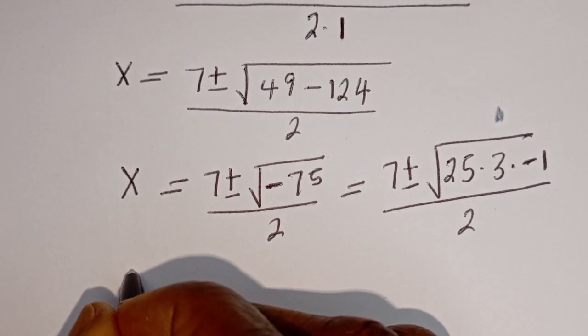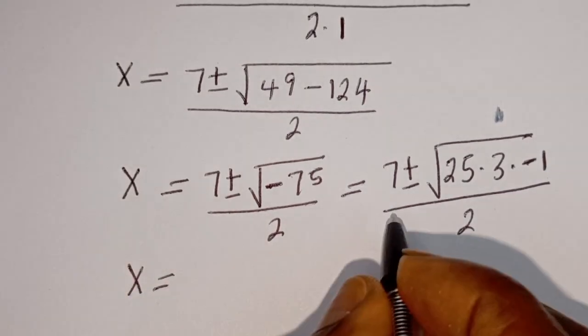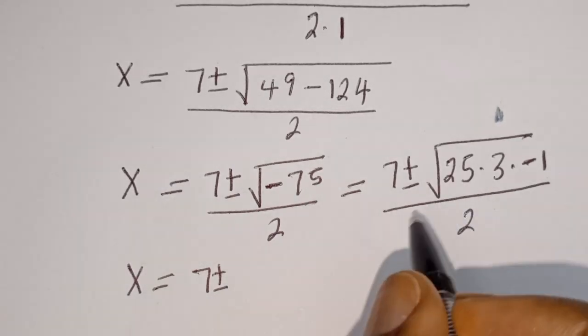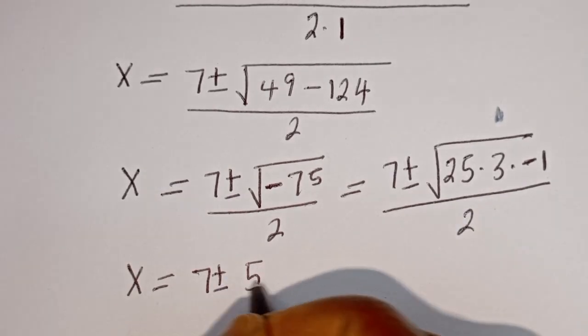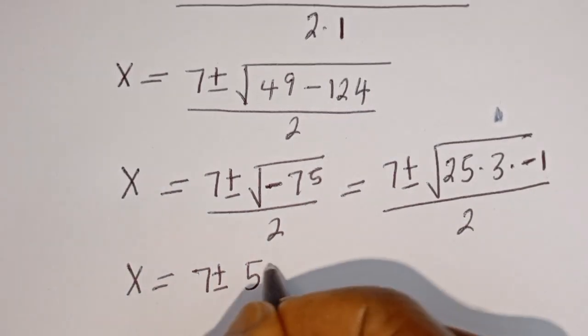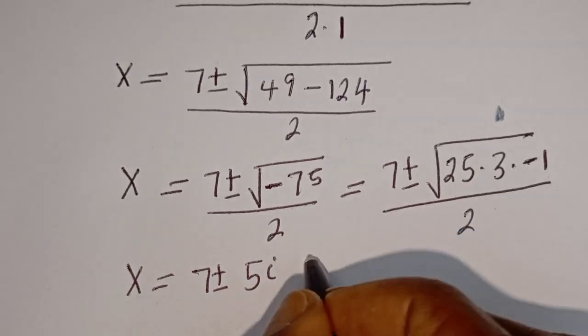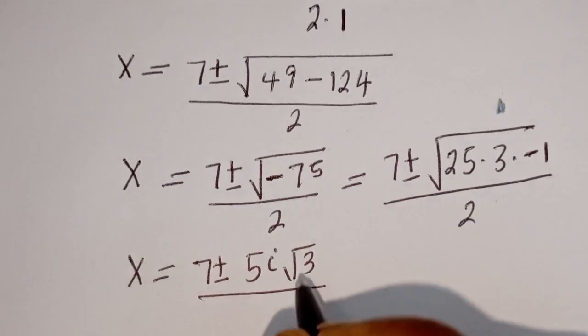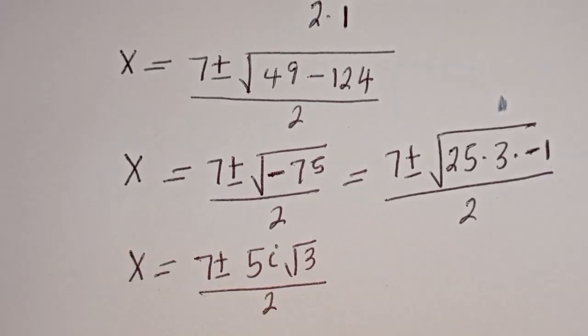Then x is equal to 7 plus or minus the square root of 25, that is 5, and the square root of minus 1 is i, then root 3, divided by 2.